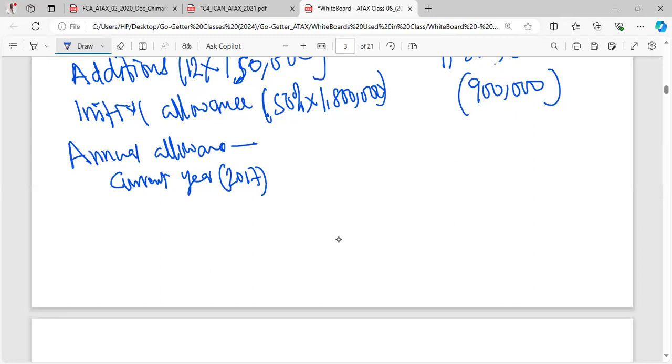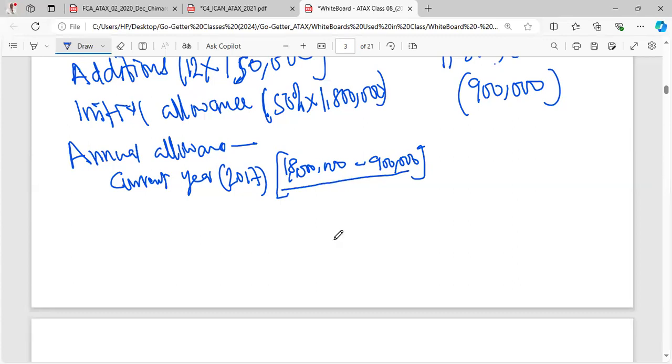It will be your cost minus initial allowance divided by how many years are remaining.